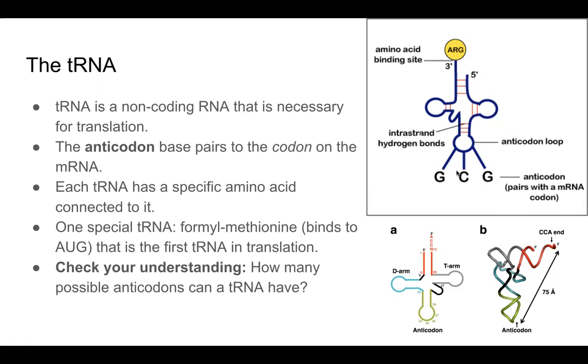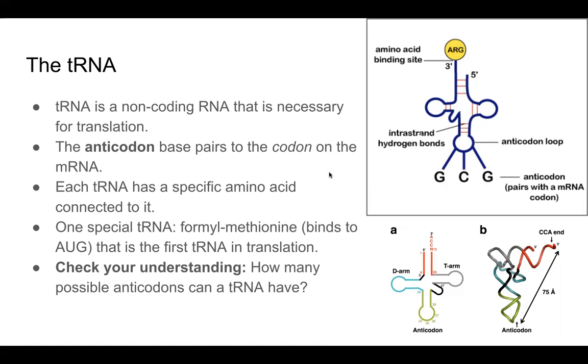So these anticodons base pair to the codon on the mRNA, and each tRNA has a specific amino acid connected to it. Each tRNA has a specific anticodon, and that anticodon corresponds to a specific amino acid. There's one special tRNA that you have to know about.